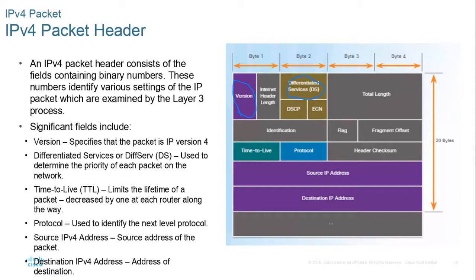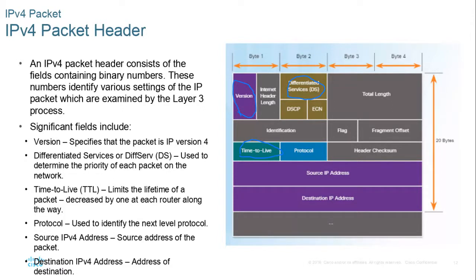Time to live field. The time to live field is a number that we're going to set. The routers are going to set this value. And if a packet gets stuck in a loop and can't be delivered promptly, the time to live is going to count down.